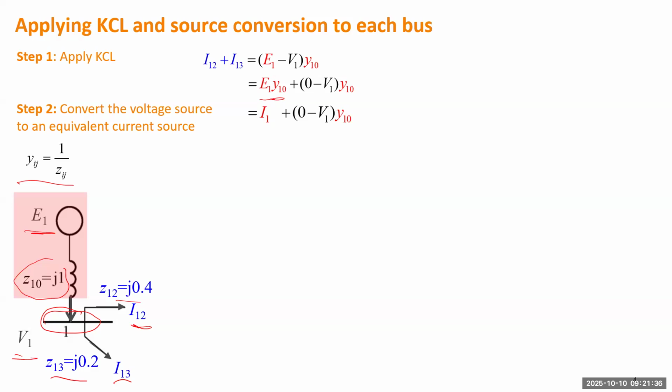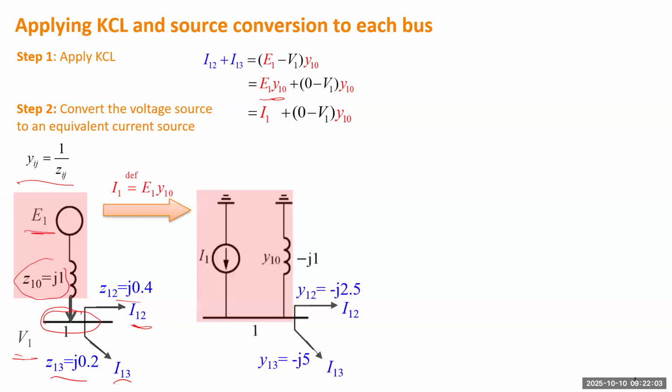We call it I1. I1 doesn't really exist in the original system, but it's just the equivalent constant current from this source. So if this source has constant EMF E1, and the synchronous impedance is also constant, then this I1 will be constant. Okay, so this conversion doesn't cause any error. It is just an accurate conversion from the voltage source to the current source.